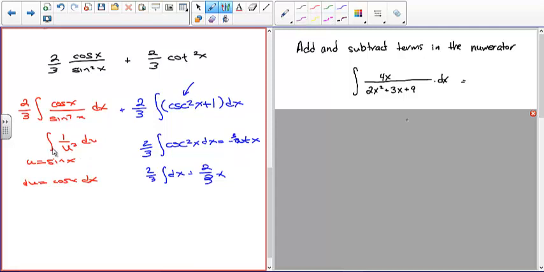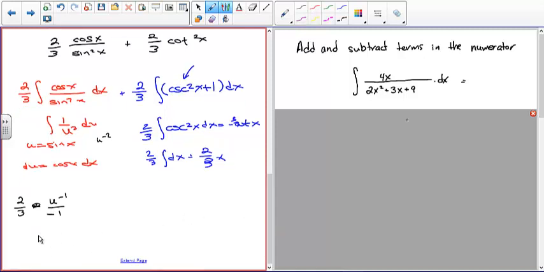So when you integrate this, you'd have u to the minus 2 power, so the integral of that would be u to the minus 1 power divided by negative 1, and then you plug u back in, where u is the sine of x.